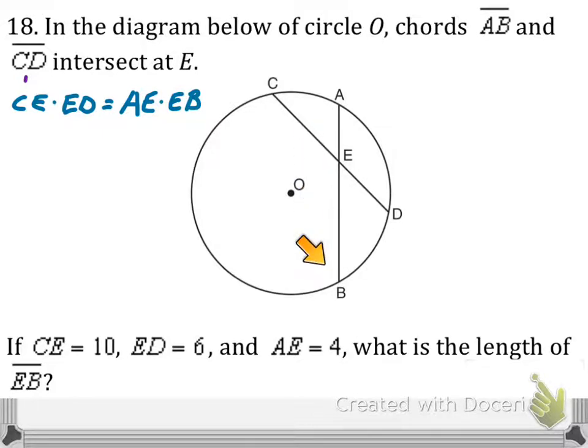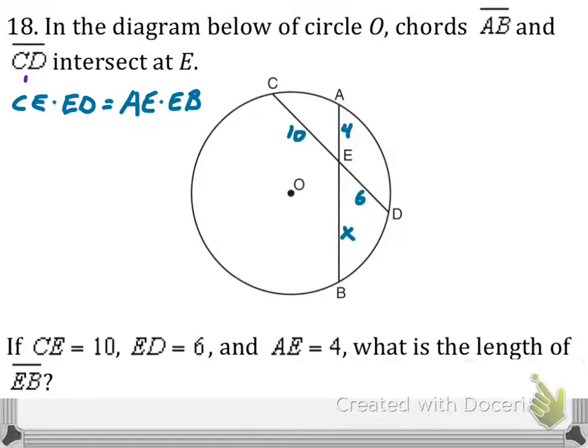Now remember, it's not addition, it's multiplication. These line segments are not necessarily congruent. They're not necessarily the same length. What we do know is that their products, if we multiply them together, are equal. So let's take a look at this problem.